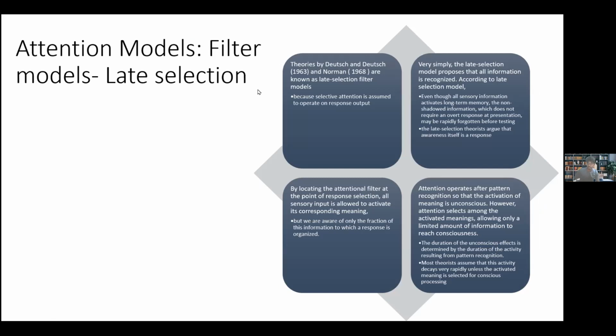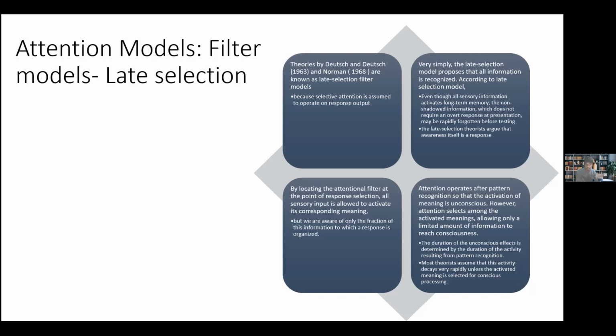Okay? So the late selection theorists still put forward a lot of arguments, and they say that even when we are looking at the TV and also focusing on the phone, that is still late selection, because you're still processing it, but you're only choosing to respond to the phone. So if we are asked what happened on the TV, we may not remember it entirely.